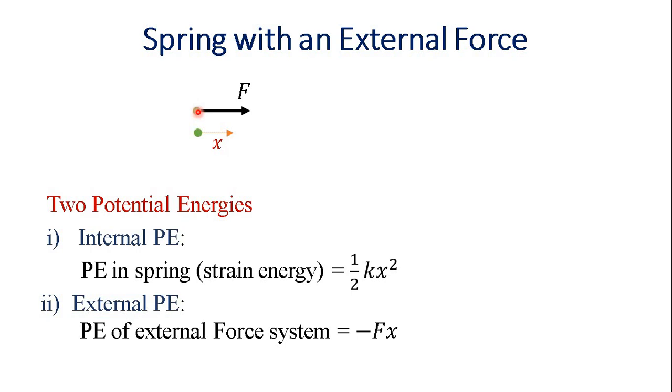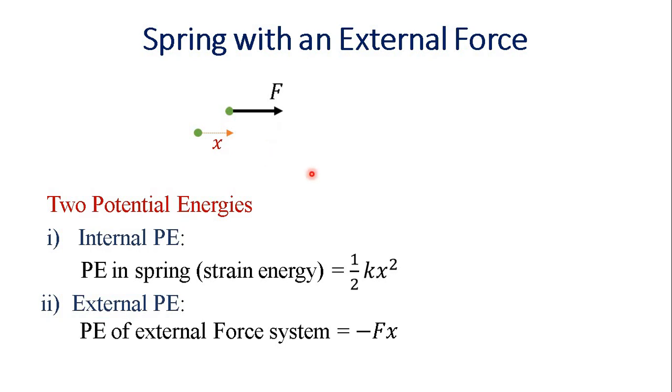And if this node gets displaced to the left, then potential energy is going to get stored in that physical system that is causing this force. So when this node gets displaced to the right like this, then its potential energy is going to get lower. That is, negative Fx is the decrease in potential energy in the external force system.